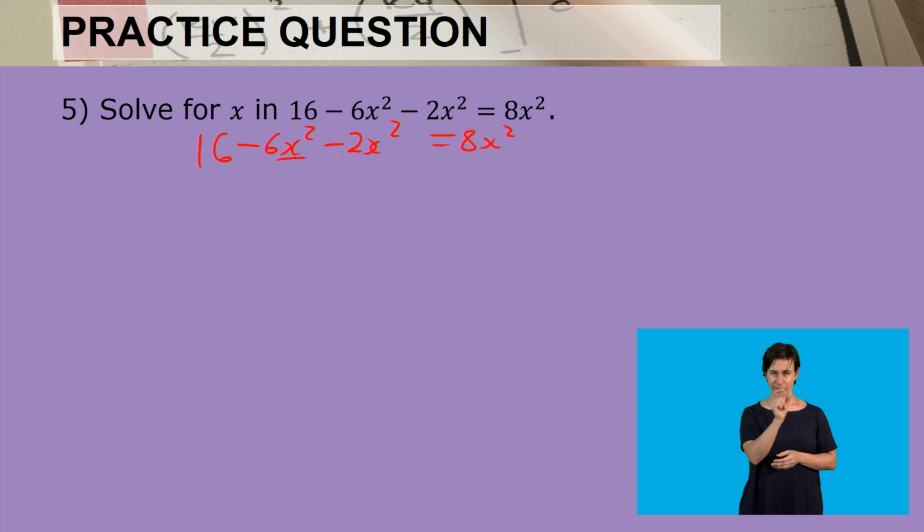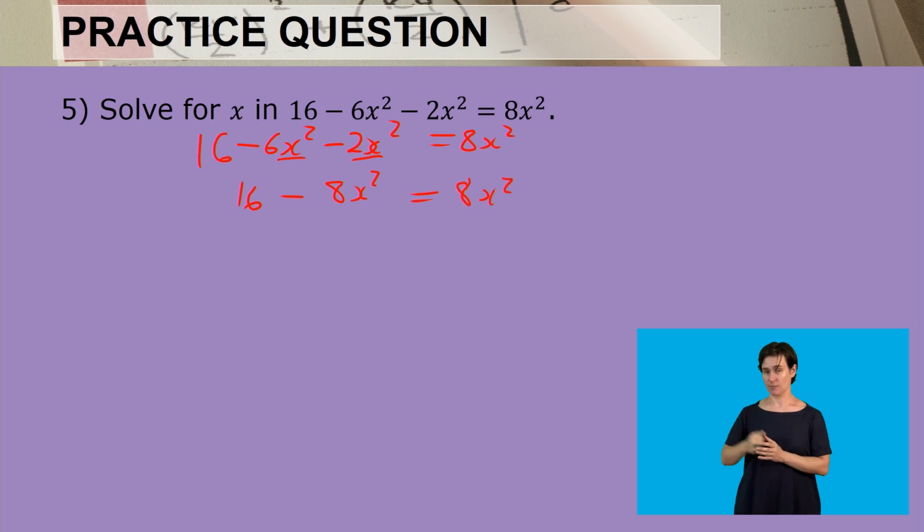Notice that there are like terms on the left, x squared and x squared, so negative 6x squared and negative 2x squared is negative 8x squared, which equals 8x squared on the other side.